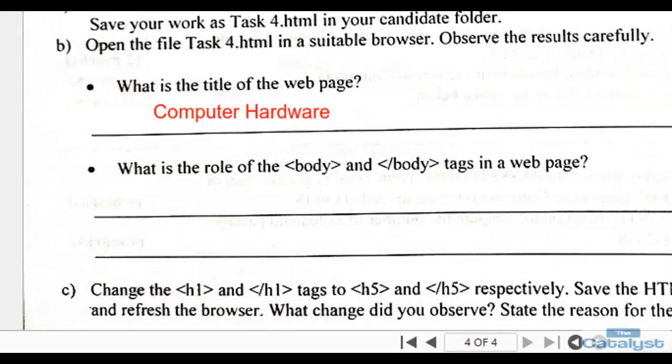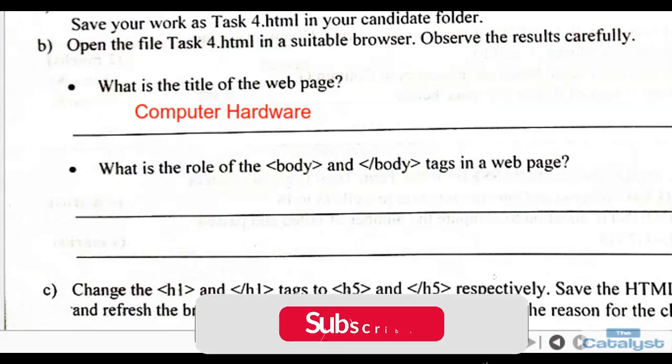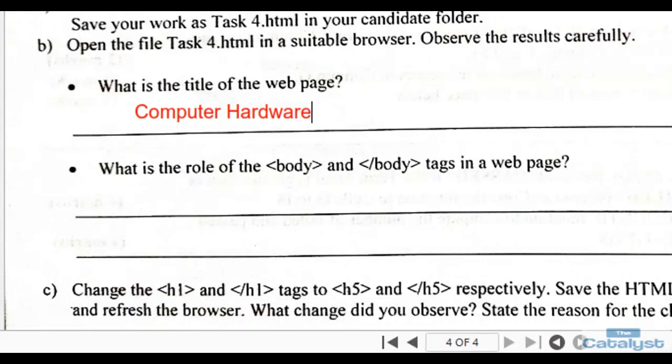So what is the role of the body open and close tags in the web page? It is the part of the HTML that contains the main code, the main part of the website. So that's the role of the body tag.